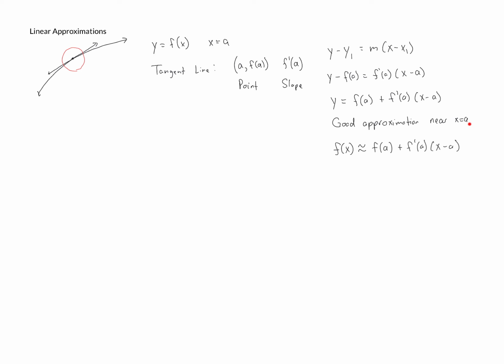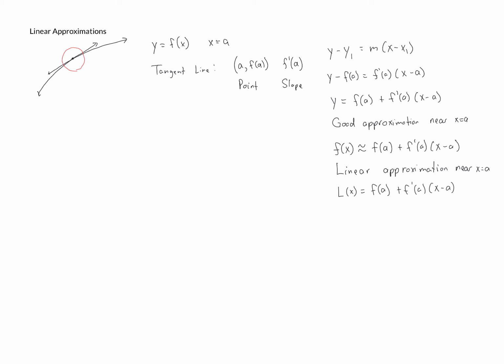And again, this is near x equals a. This is a linear approximation. You could even write this as L of x, the linear approximation, equals f of a plus f prime of a times x minus a.